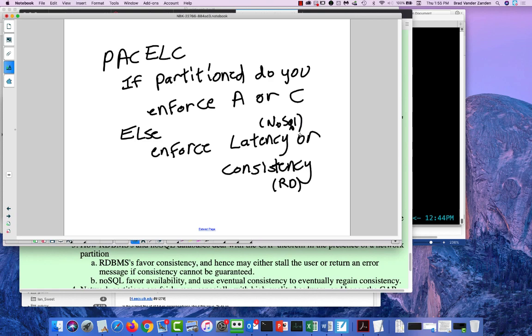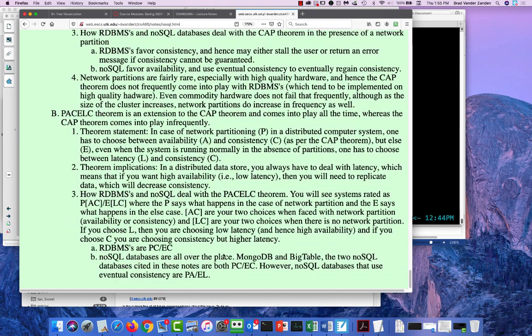So generally, you will say that relational databases are what are called PCEC, meaning that if partitioning is working, they enforce consistency, else they enforce consistency.